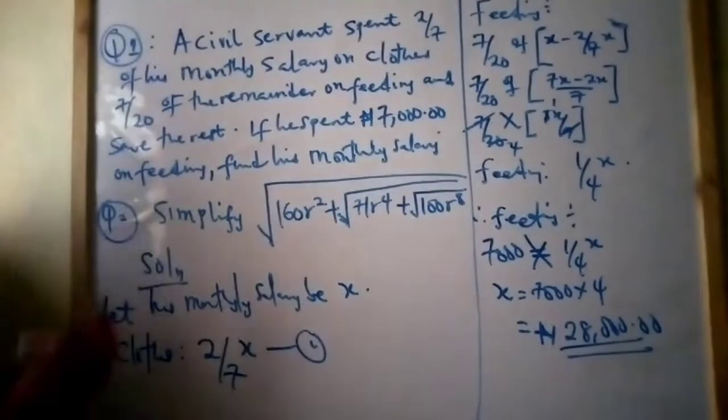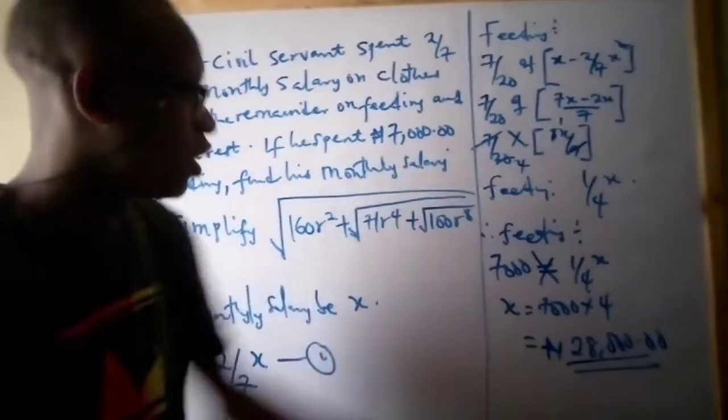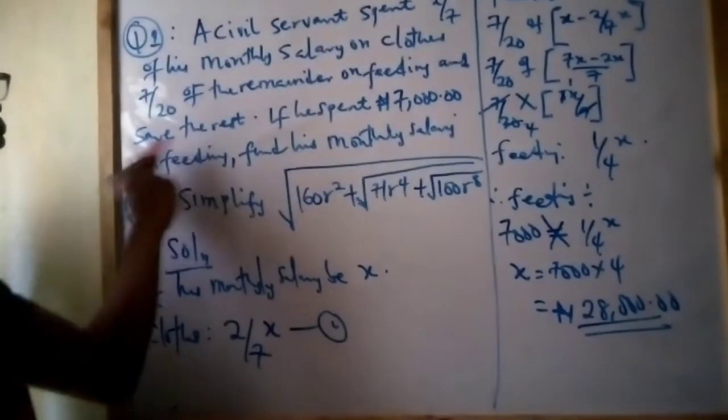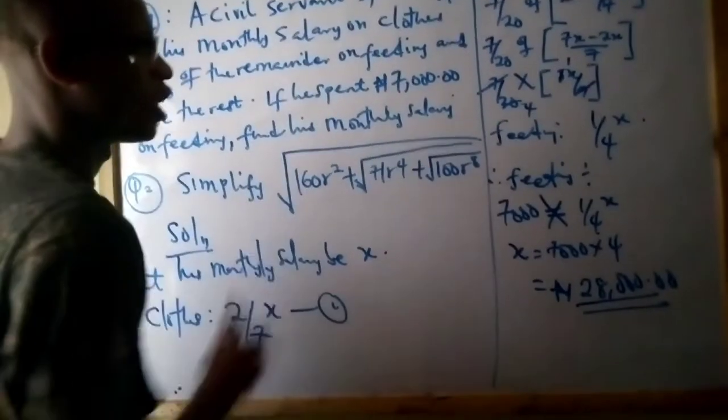This is the final answer actually. But now let's assume they asked us to find the rest, the amount that is saved. How can we do that? Let me introduce another thing to this.